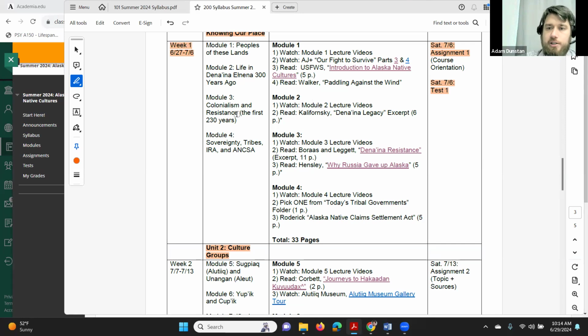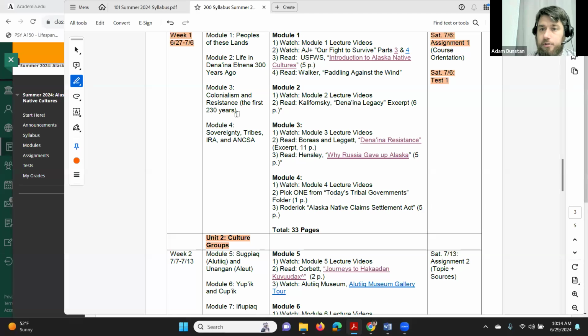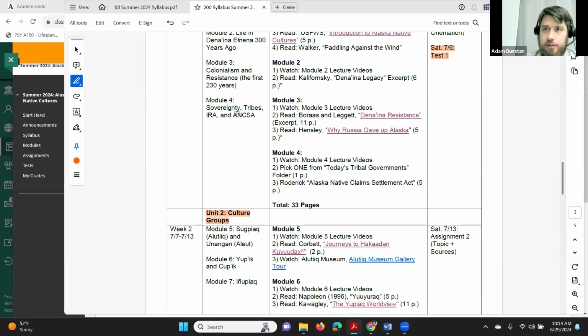Module 3 is about colonialism. Okay, so things that happened after and were done to Native communities after Russians got here, and then after the state was purchased by the United States. We also cover things like the Civil Rights Act for Alaska Native people.